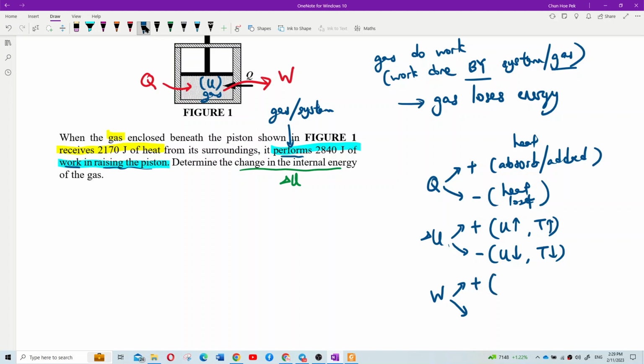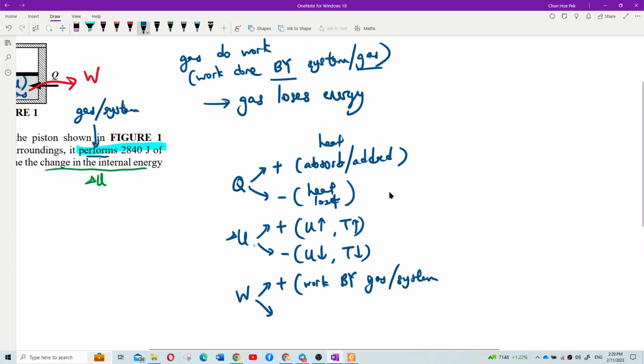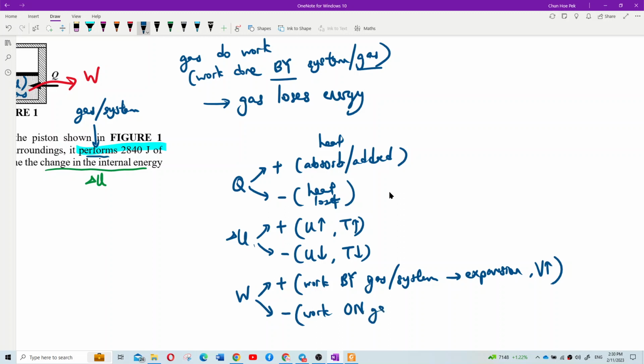Positive when work is done by the gas or system. That means this is expansion, or volume increase. When is it negative, class? Work done on the gas or on the system. This is a compression.